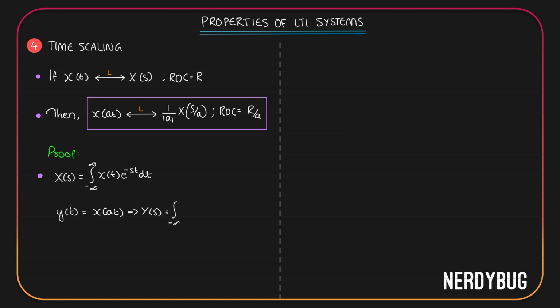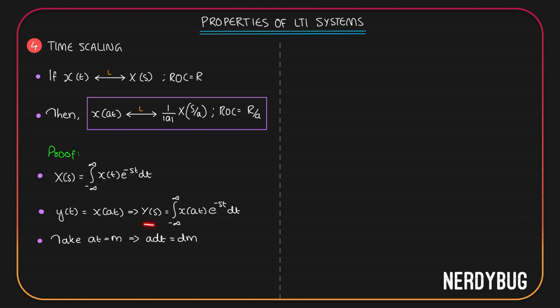It will be integral from minus infinity to infinity, y of t is x of at, e raised to minus st dt. Now take at is equal to m. If you differentiate on both sides, a is a constant, so a dt is going to be equal to dm.